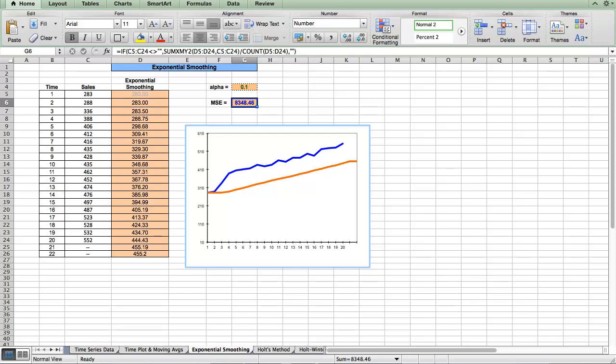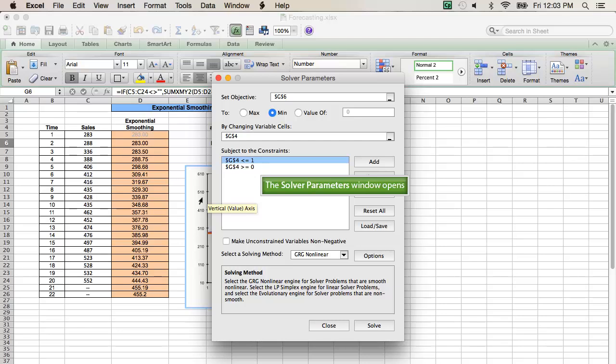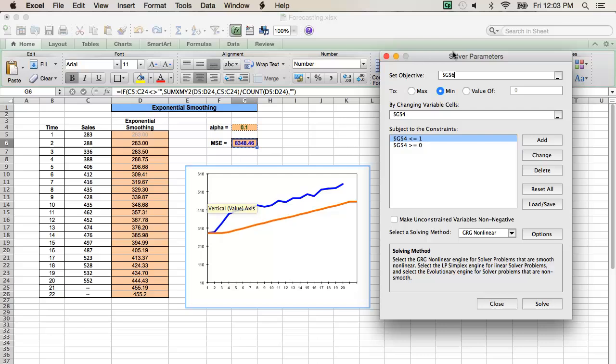If we use our solver to optimize our exponential smoothing model, we could see the effect. Here we're going to set MSE to a minimum value by changing alpha, subject to the constraints that alpha, our smoothing constant, like any smoothing constant, stays between 0 and 1.